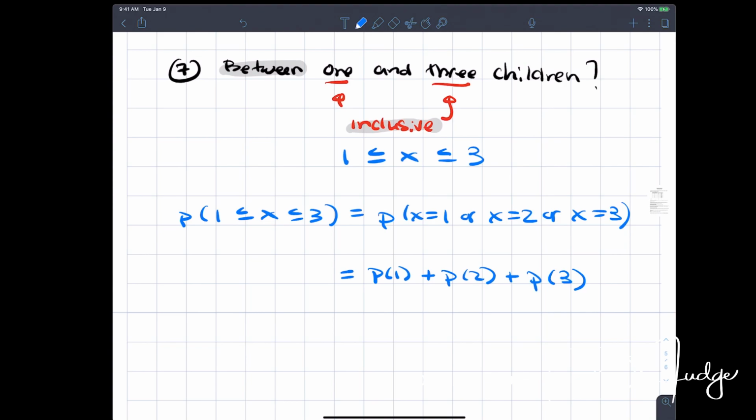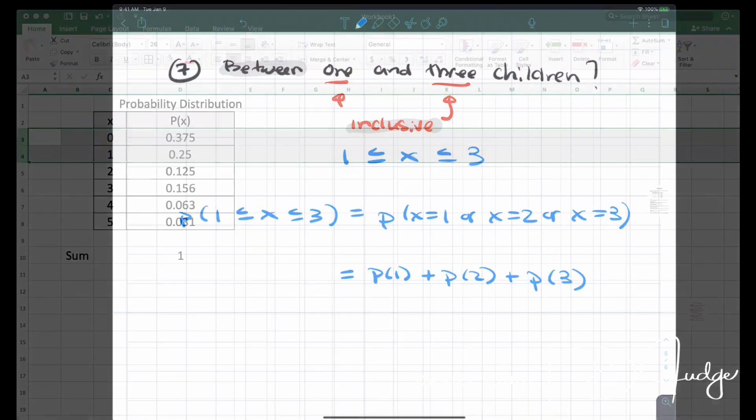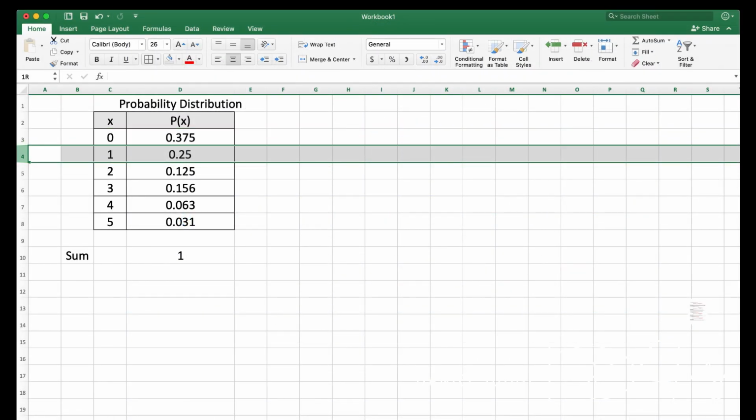So we're going to have to add these probabilities. And I'm going to go to Microsoft Excel again and find 1, 2, and 3. These values, right? 1, 2, and 3. Okay.